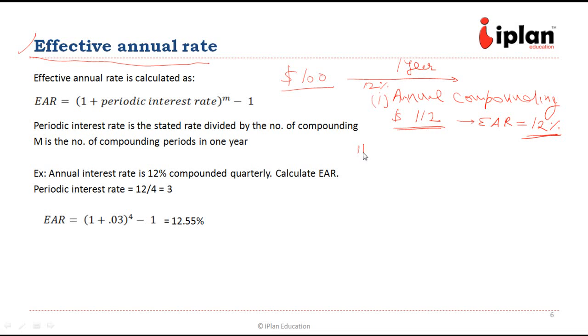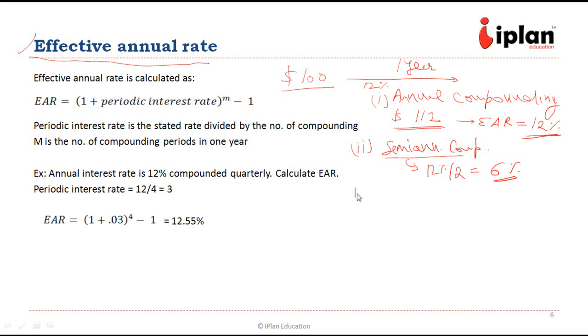Now let us take the second case for semi-annual compounding. In terms of semi-annual, we have 12% divided by 2. For 6 months, the interest rate is 6%. And we are compounding it twice.